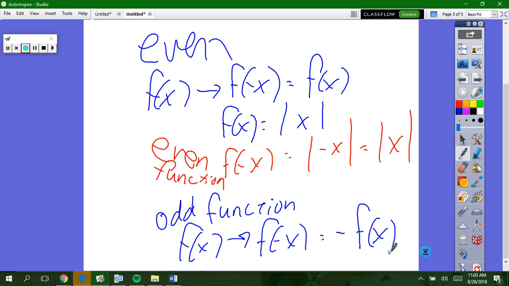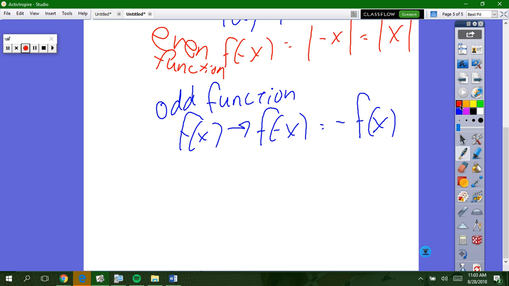How about f of x equals x? Or we could even make it x cubed. Let's make it x cubed.